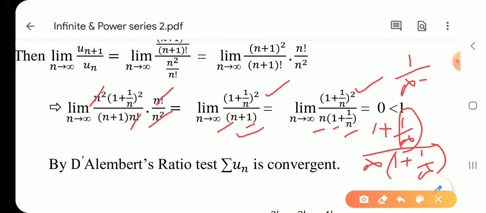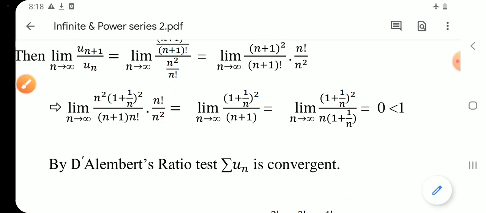Divided by infinity plus 1 by infinity. 1 by infinity plus 1 is 1 by infinity. 1 by infinity is 0. That is what we have got here. So we get the value as 0. And 0 is naturally less than 1.